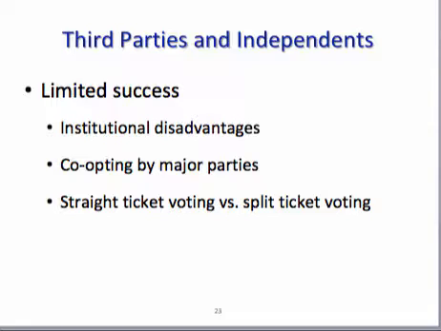We do have to address the question of third parties and independents. The United States operates under what is called a majoritarian system. It's a little confusing. It means, for one thing, that we have a plurality system of elected candidates. What does that mean? It means that you can get elected not with a majority, but with just a plurality.